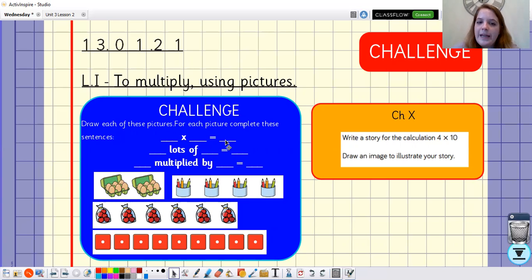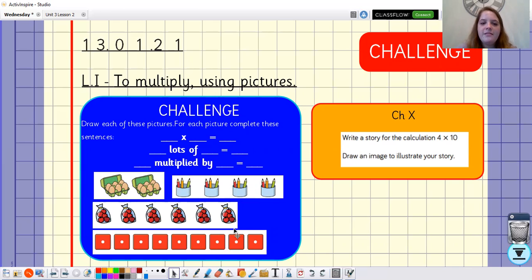So I want you to write a multiplication number sentence. I want you to write how many lots of there are, and blank multiplied by blank. And again, work out the total for each one. Once you've completed these 4 pictures, you may want to draw your own pictures of equal groups, and then complete those 3 sentences for your picture.